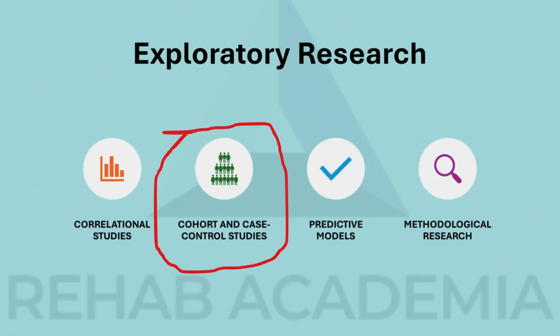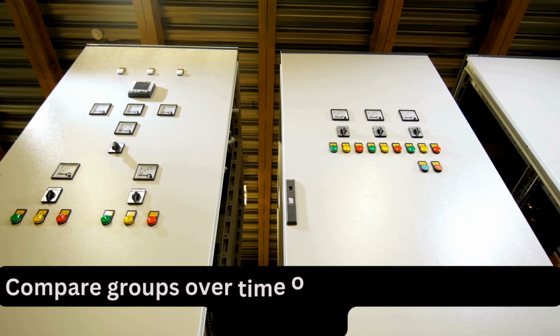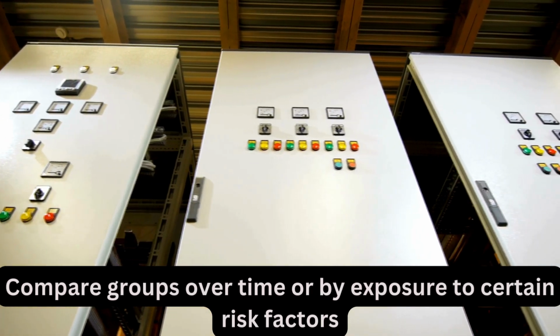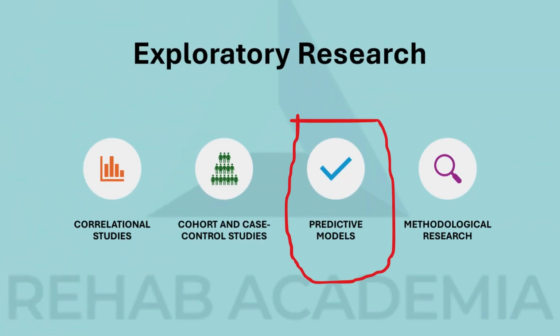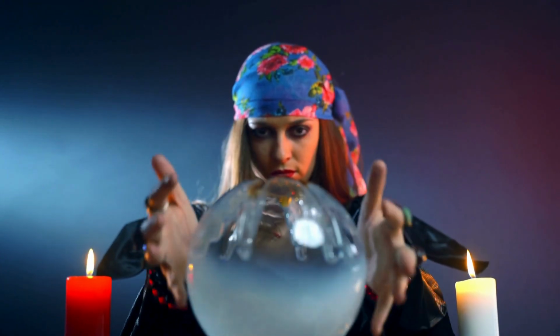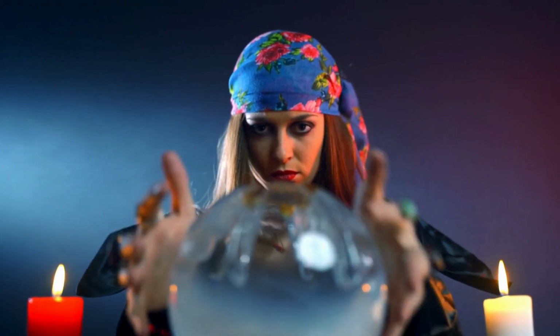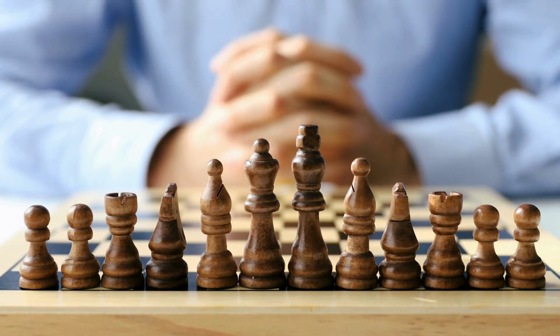Cohort and case control studies. Common in epidemiology, these studies compare groups over time or by exposure to certain risk factors, like assessing if desk workers are at a higher risk for neck pain. Predictive models use data to anticipate outcomes and guide decision-making, such as setting expectations and prognosis.